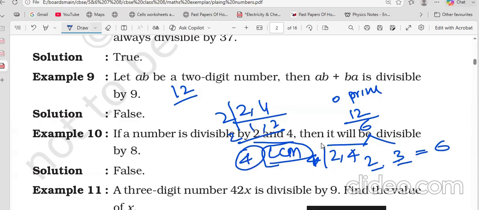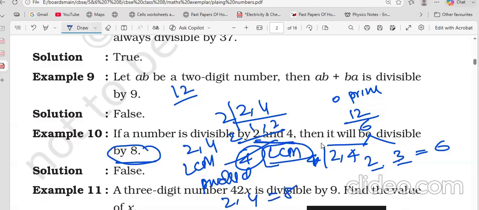If they are co-prime, then the LCM is the same as the product. But if they are not co-prime, the LCM is different from the product. So it is divisible by the LCM, but not necessarily by the product. Only if they are co-prime will it be divisible by the product. Otherwise, you can safely say that if 2 and 4, then it will be divisible by the LCM of 2 and 4, not the product of 2 and 4.